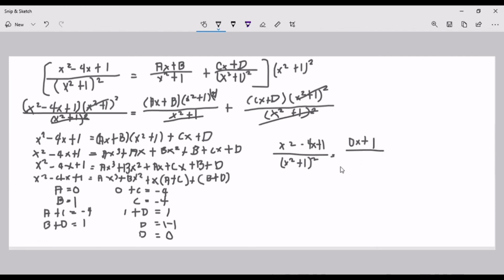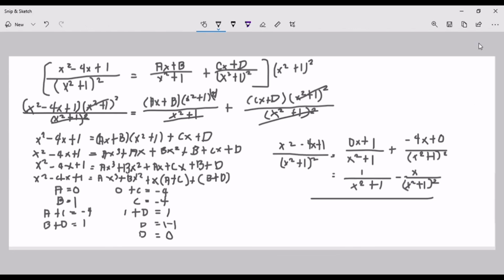So we have now 0x plus 1 all over x squared plus 1, plus -4x plus 0 over x squared plus 1 squared. We can write this in lowest terms as 1 over x squared plus 1 minus 4x all over the quantity of x squared plus 1 squared. So that's now your answer.